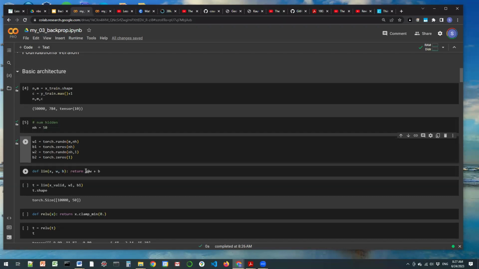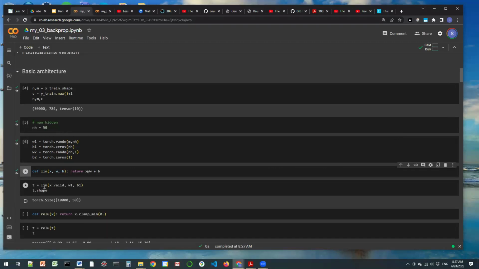So in order to be able to multiply X and W together, as we saw with tensors in the last lecture, W has to be a 784 by whatever value matrix, because the inside dimensions must match. That's the reason that you can see that W1 is M by NH. And you see that here X times W plus B is defined as a linear unit.